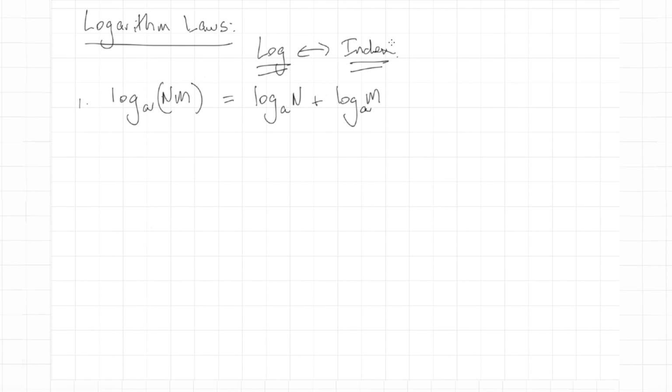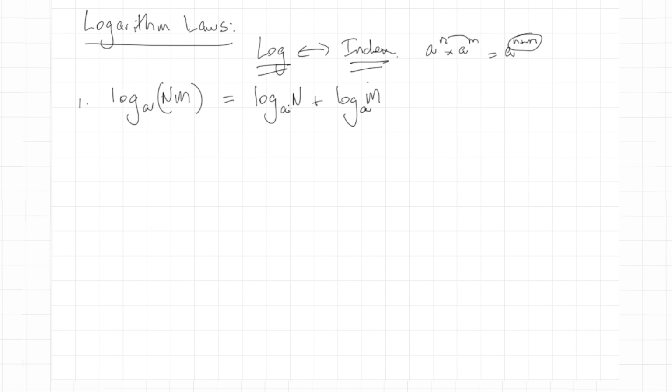So we're saying a log is nothing more than an index. If you go back to the index rules, it's a to the n times a to the m. So we're multiplying two numbers. Here in logarithm law 1, we're multiplying n times m. Now what did you do to the indexes there? We added them. That's what we're doing here.